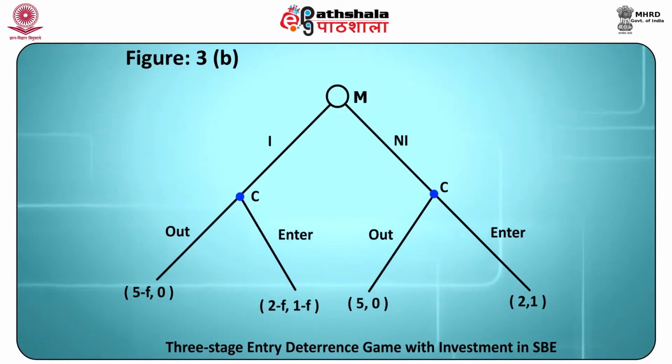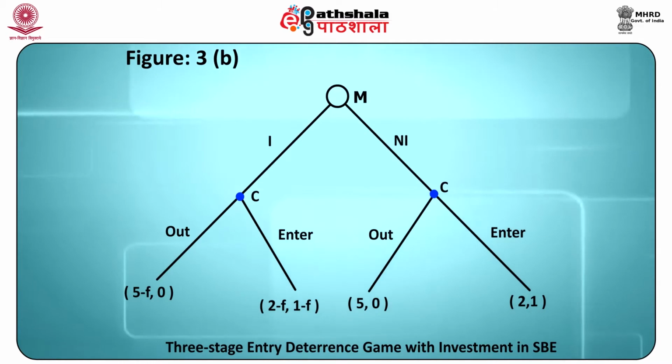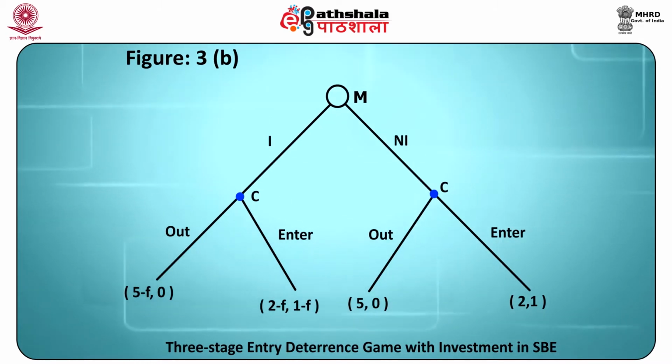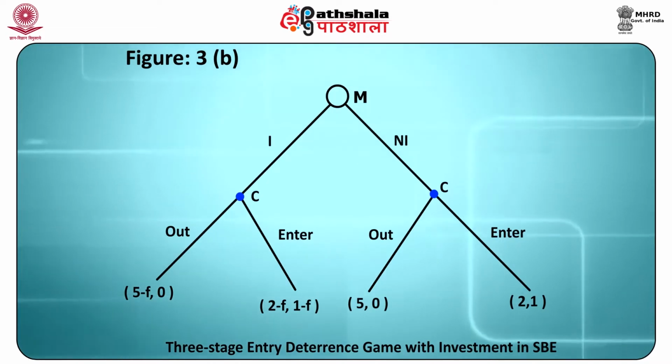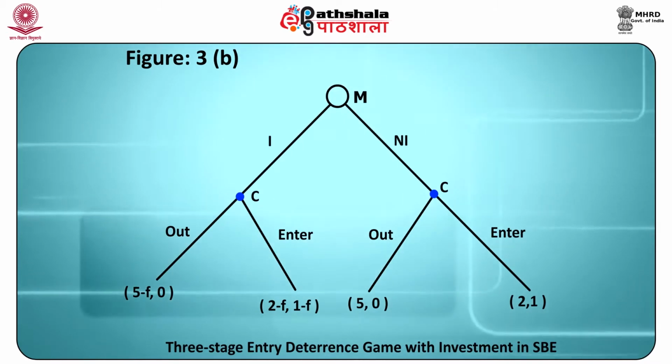Thus, for F greater than 1 and less than 2, the SPNE of the above game is that the monopolist invests in the SBE and accommodates the challenger if he enters, and the challenger stays out if the monopolist invests and enters if the monopolist does not invest. Thus, the monopolist succeeds in deterring entry for F greater than 1 and less than 2, and the concentration remains high.